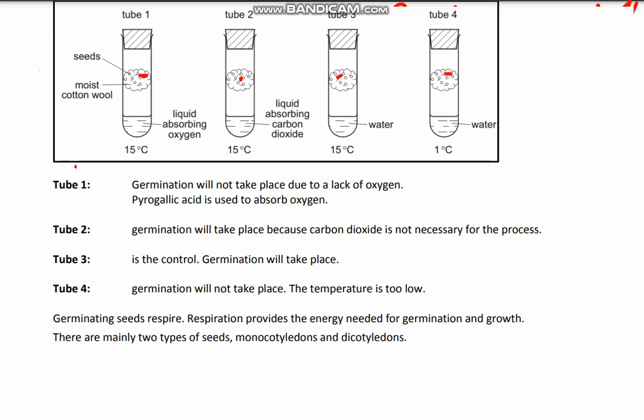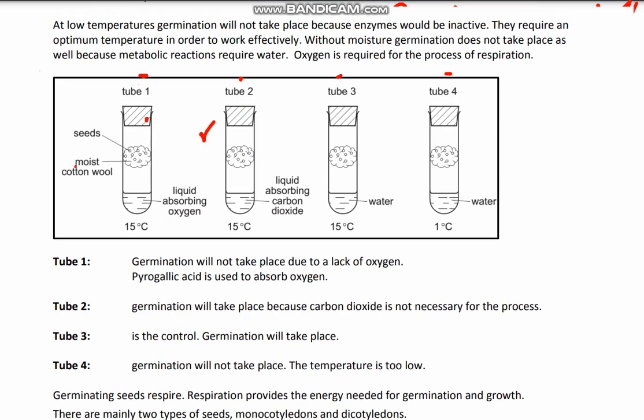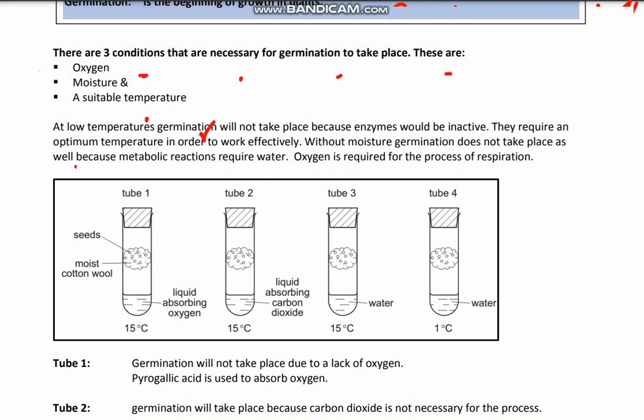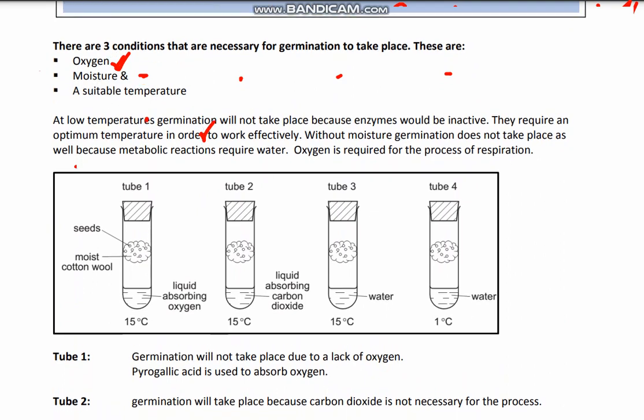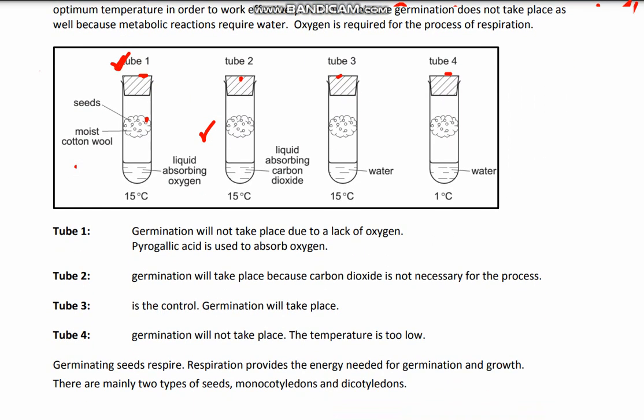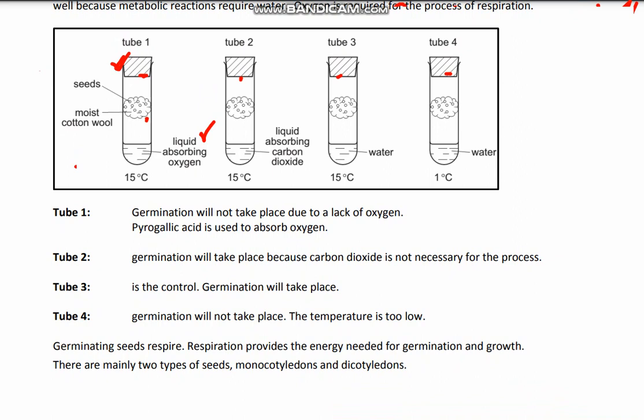Okay, so the first test tube has moist cotton wool and a liquid that is absorbing oxygen. A liquid that is absorbing oxygen means it's a liquid that is taking away oxygen. And remember, according to what we have discovered so far, oxygen is very important for the process of germination, which means in test tube 1 there is no germination that is going to take place, because there is a liquid that is absorbing oxygen.